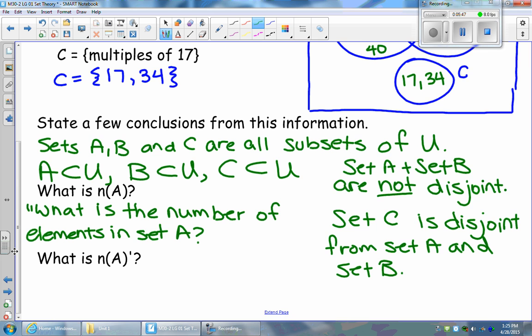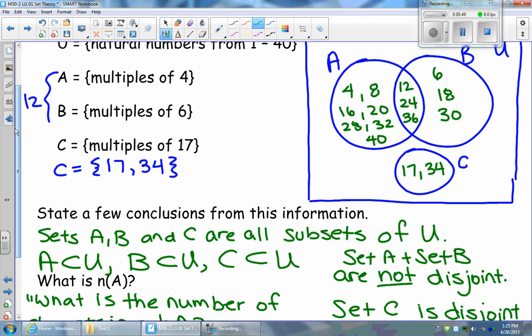So all we need to do is count them. So I'm just going to put a dot as we're counting. So we have 1, 2, 3, 4, 5, 6, 7 that are in just only A and not B.